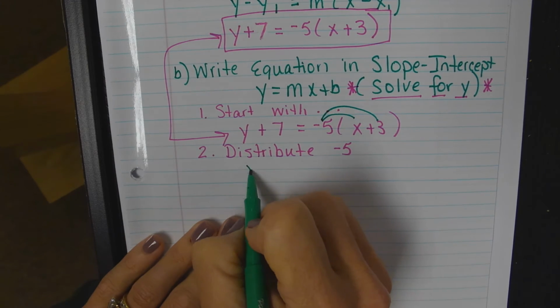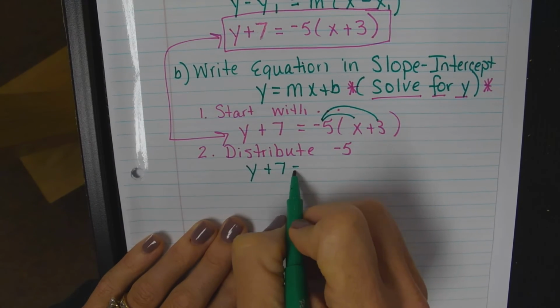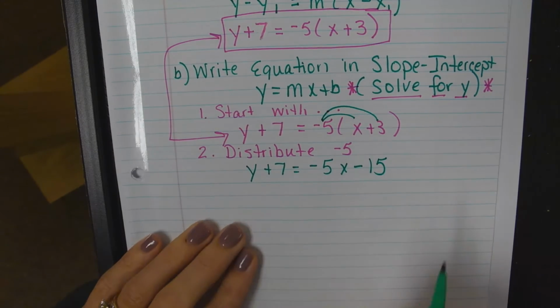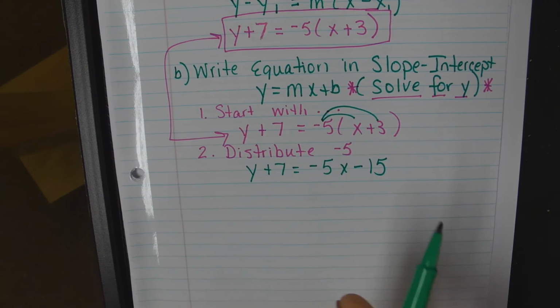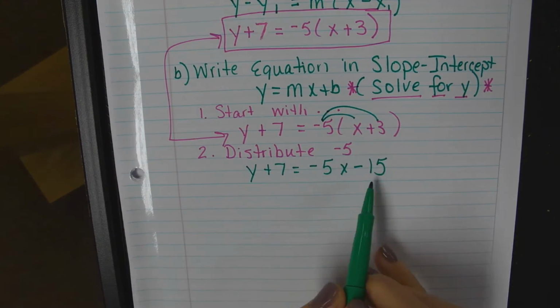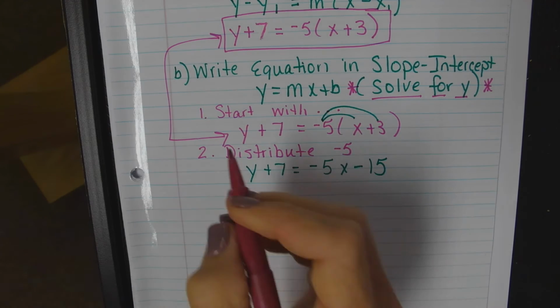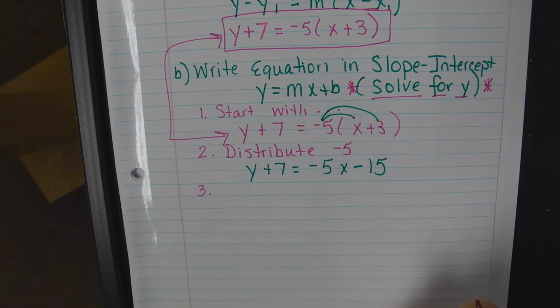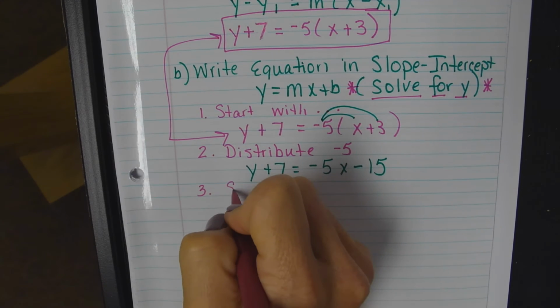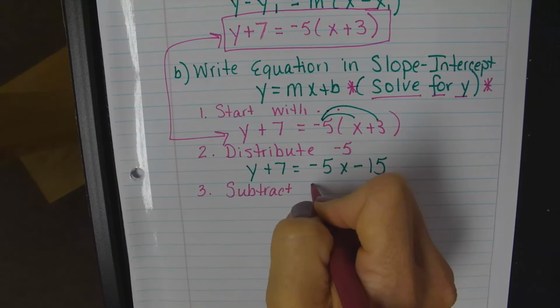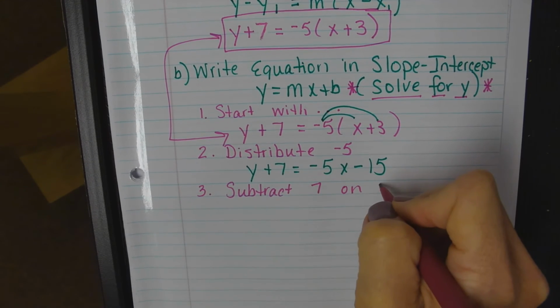So y plus 7 equals -5x minus 15. You have -5 and 3 means -15. What's my third step? What do I need to add? Or I'm sorry, subtract. Subtract the 7 on both sides.